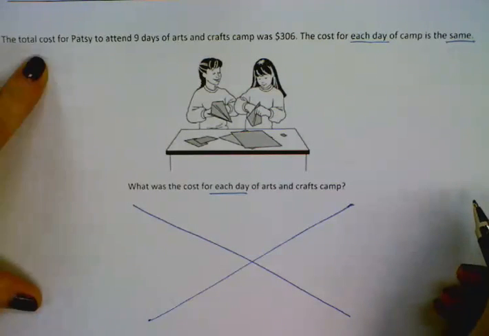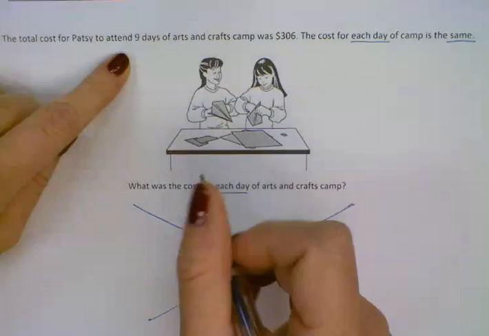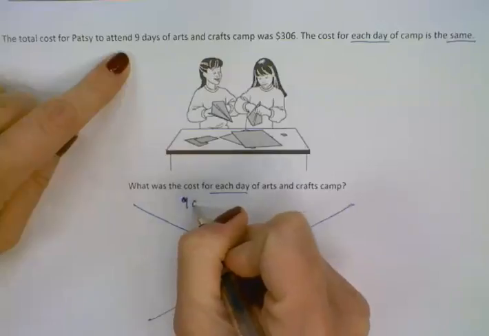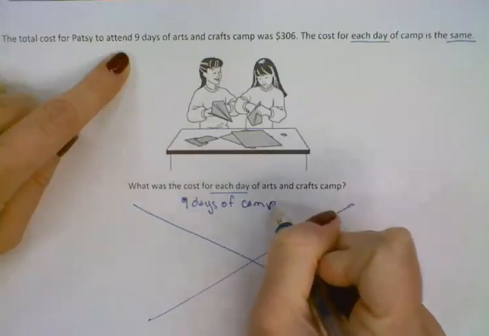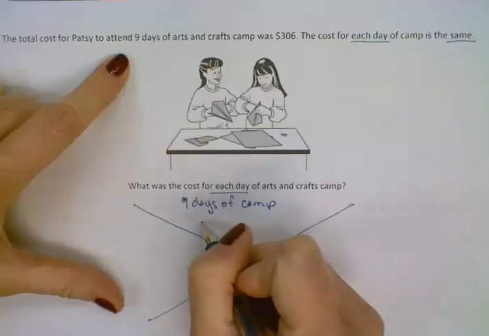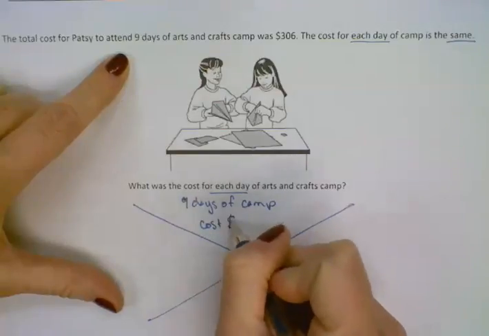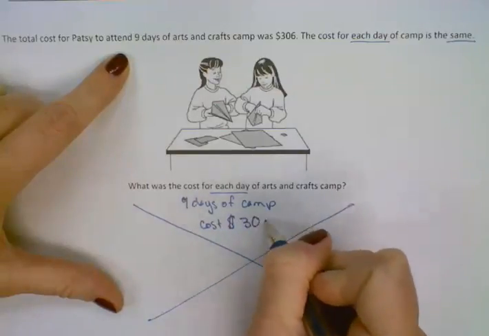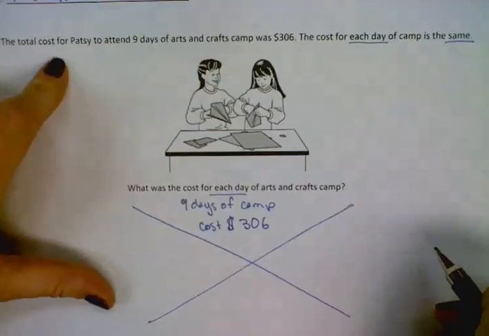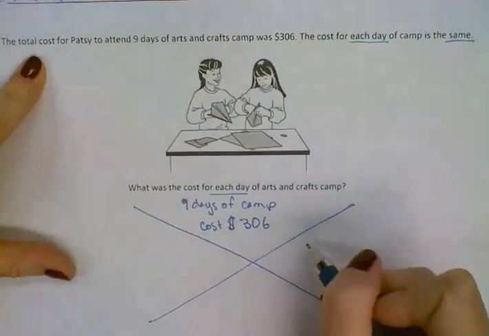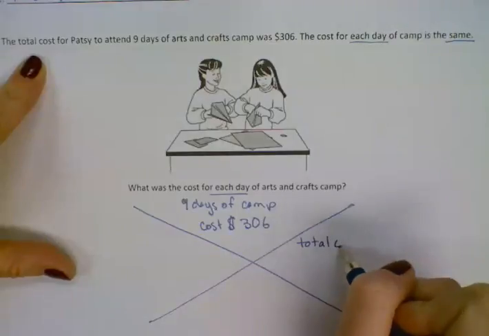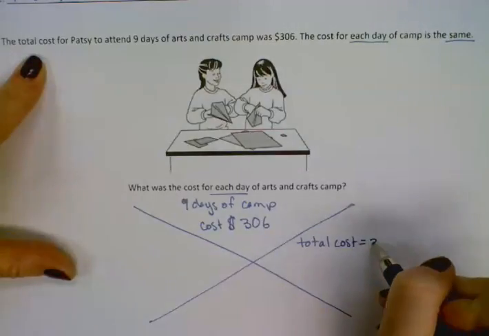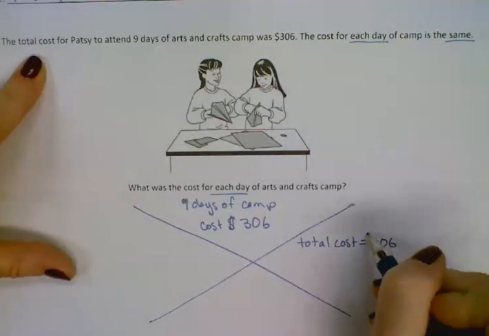I know it says Patsy attended the camp for 9 days. And it cost $306. And actually it talks about the total cost. So I'm going to add that to important words. Total cost was $306.